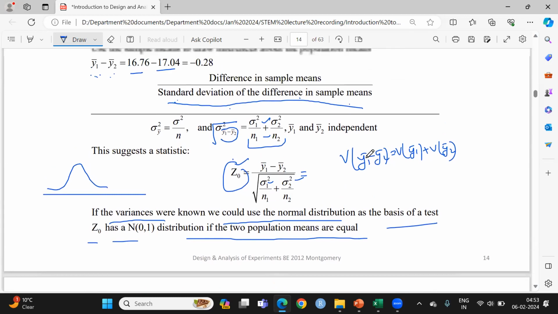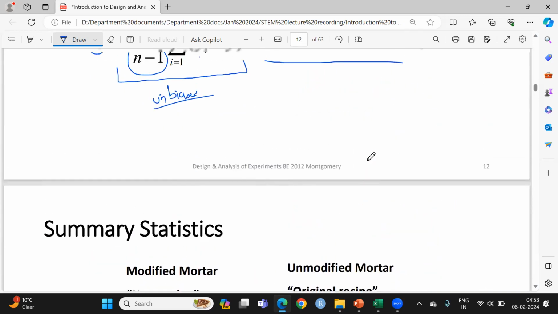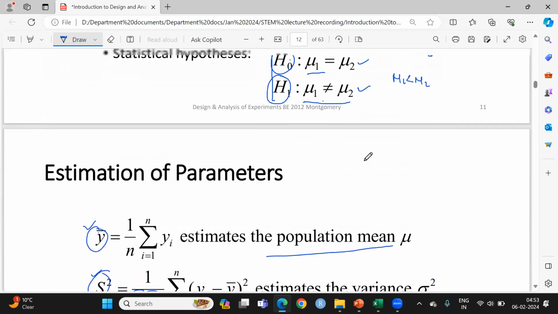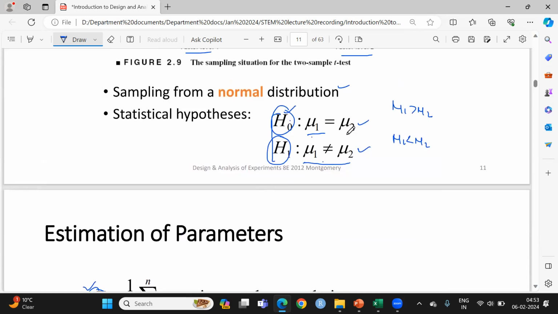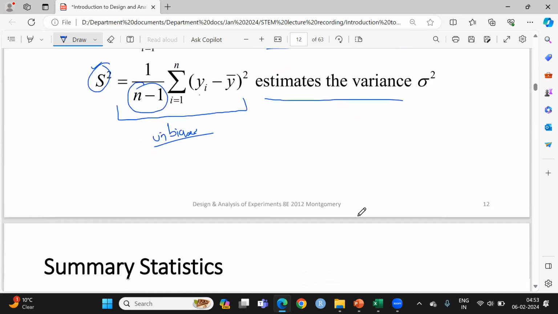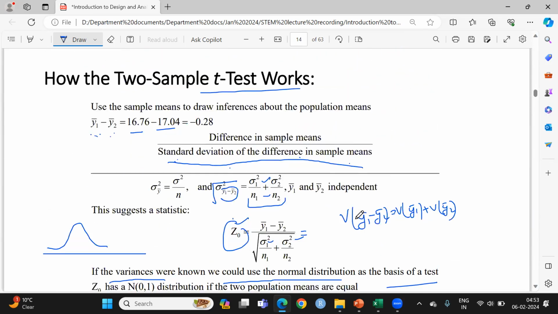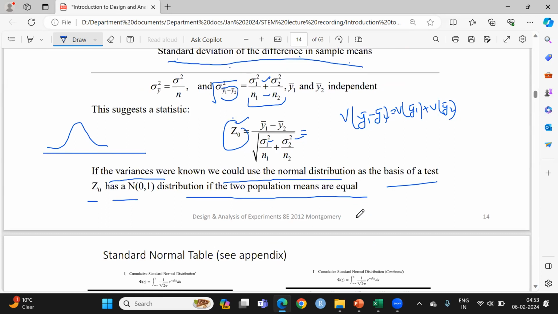So you can see from above that we have considered the hypothesis that H naught: mu1 is equal to mu2, and the alternative is mu1 is not equal to mu2. So here you can see that we are talking about a two-sided test, right? And we are making the assumption here that we are testing this null hypothesis based upon a 5% level of significance.